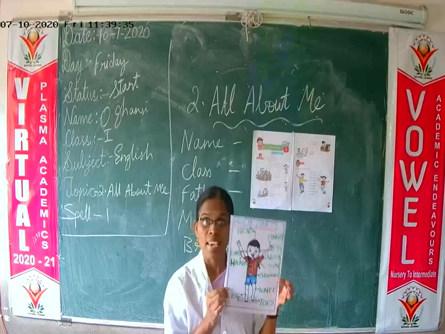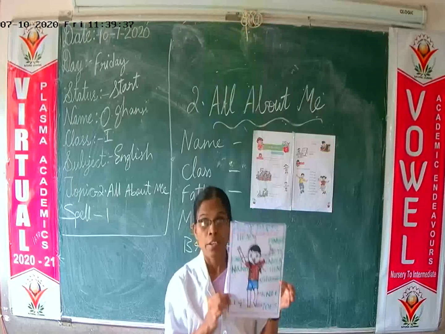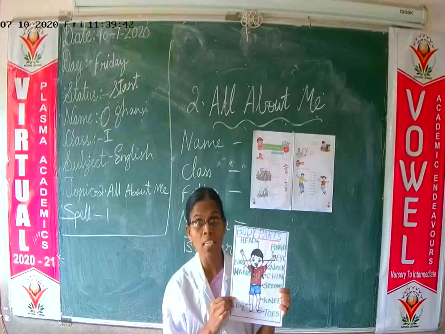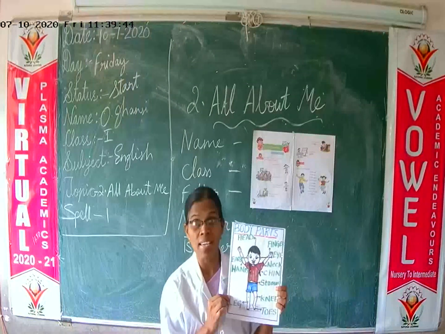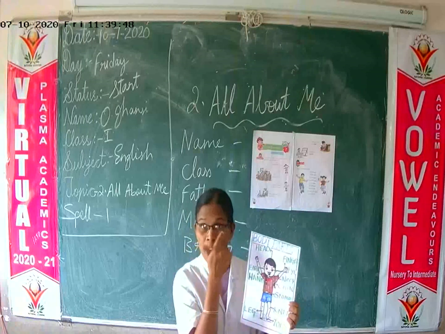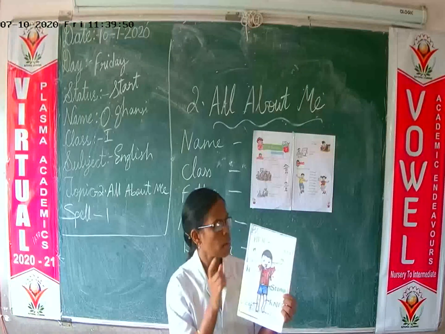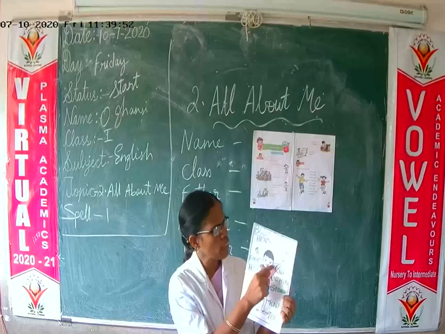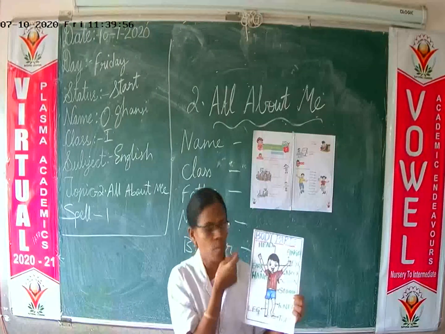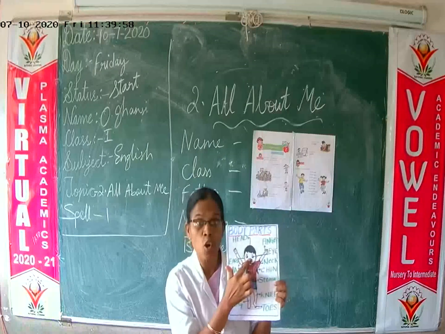Now, how many eyes? See, what I have recited? Two little eyes. How many eyes do we have? Two. Then two little ears. One little nose.